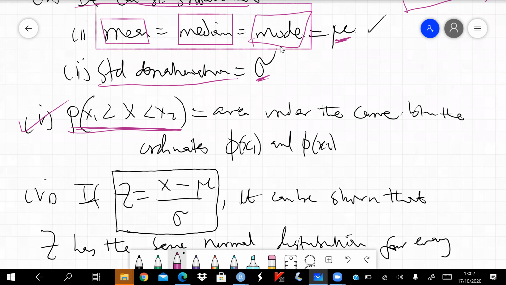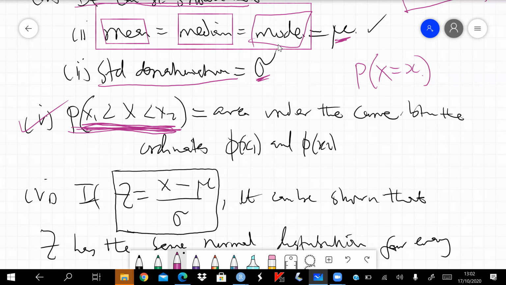If you remember, in the case of discrete probability distributions, we were talking about probability of exact values of x. In the case of binomial, in the case of Poisson. But in the case of a continuous distribution, distributions like the normal distribution, we talk about the probability that x takes some range of values.